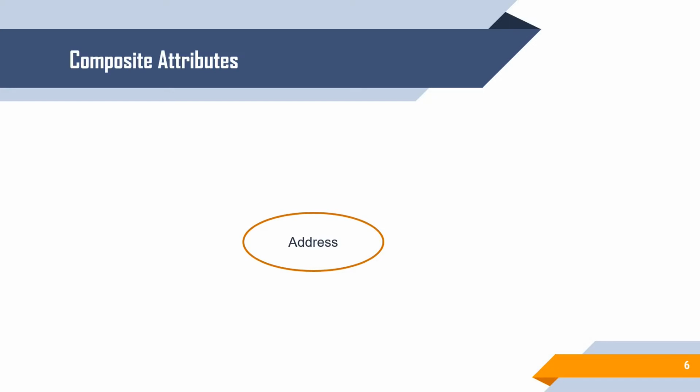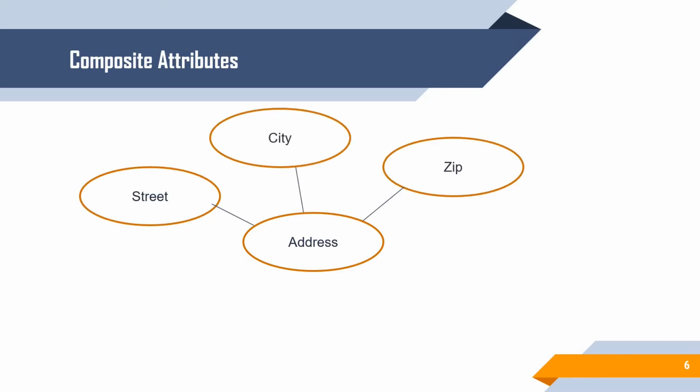Understood? So if you have understood simple attributes, then what is a composite attribute? Take for example address, the address of a student. If I take address as the attribute, then address can definitely be divided into subparts like street, city, zip, and country. So address will be called a composite attribute because it can be broken down into subparts.